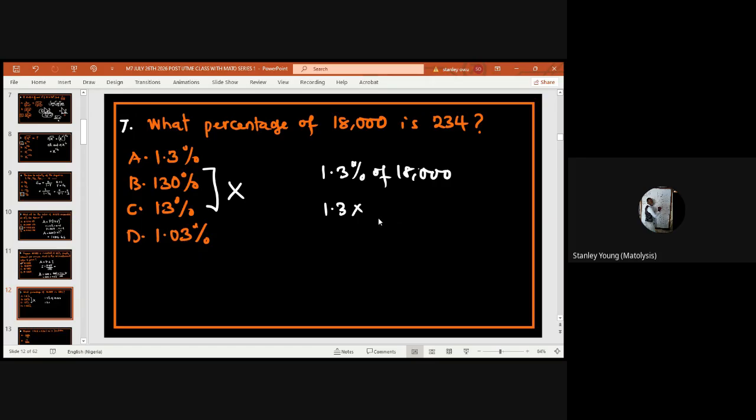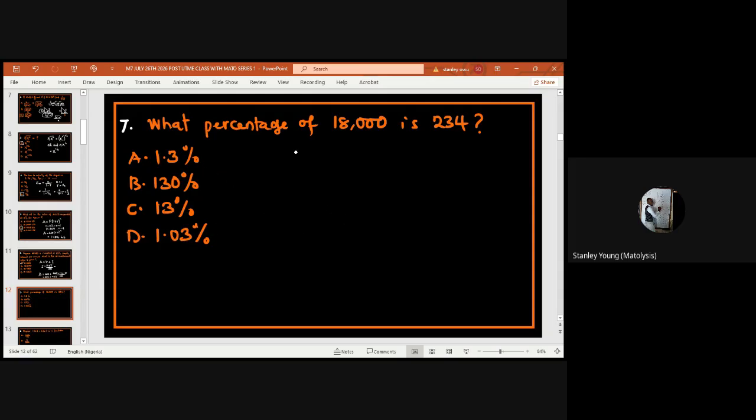When you cancel out 2 zeros from those 3 zeros in 18,000, you have 180. 180 times 1.3 gives you 234. Okay, that's just using logic. With logic, you can easily pick your option here.